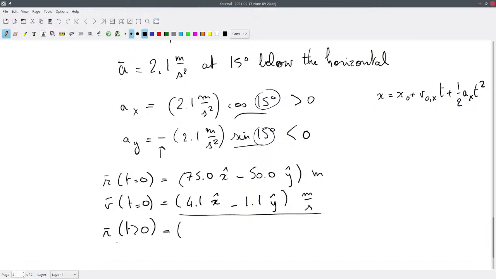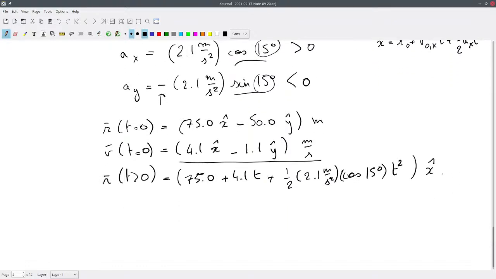So the x component will be 75.0, which is our x0, plus 4.1 times the time, that's our v0x, and then plus 1/2 times 2.1 meters per second squared times cosine 15 degrees, and this all times t squared. So that's going to be our x component in meters.